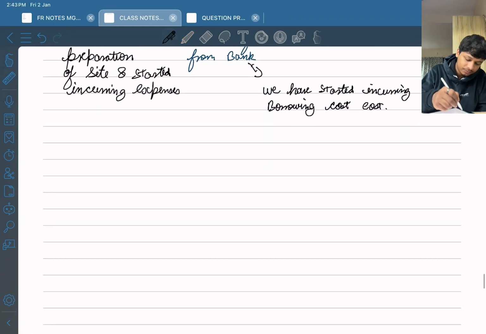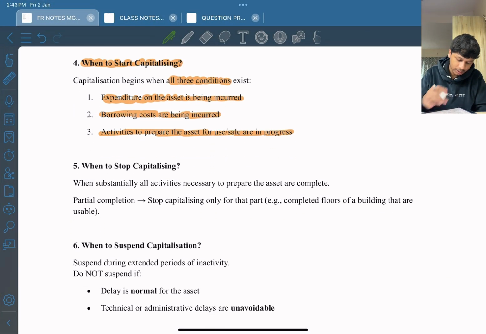Now moving on to the next topic. When to stop capitalization? Capitalization will stop when substantially all activities necessary to prepare the assets are complete. Partial completion, stop capitalizing only for that part. For example, complete floors of a building that are usable.